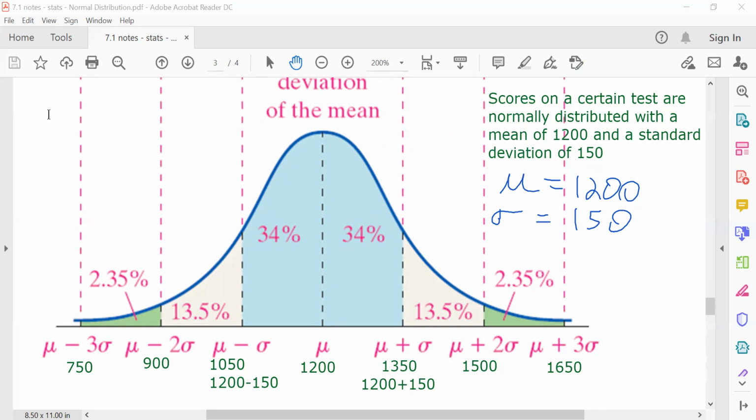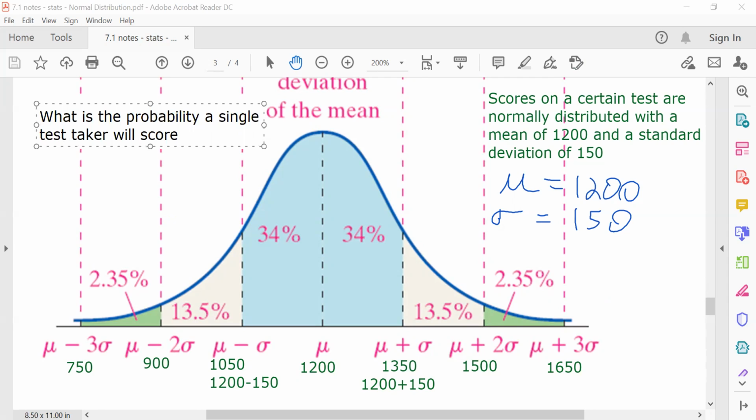What else could you ask? Well, what is the probability a single test taker will score, how about between 900 and 1350? All right, well, looking at it, let's think.